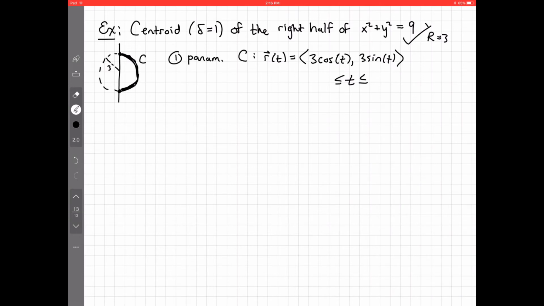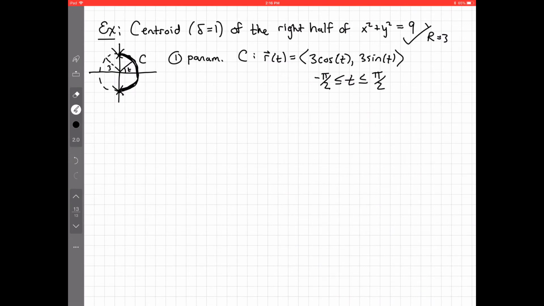And so if we think about t being the angle swept out from the positive x-axis counterclockwise, to start off at the bottom of the circle here, we need to have t go back up to negative 90 degrees. And to go up and stop here at the top, we need to stop it at 90 degrees. So t should go from negative pi over 2 to pi over 2.